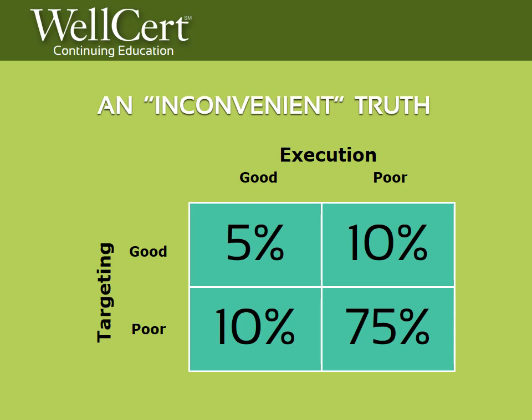There's also another 10% that have good targeting, they've chosen good targets rather than poor targets, but their execution and implementation is poor. So we've got another 10% in that category.